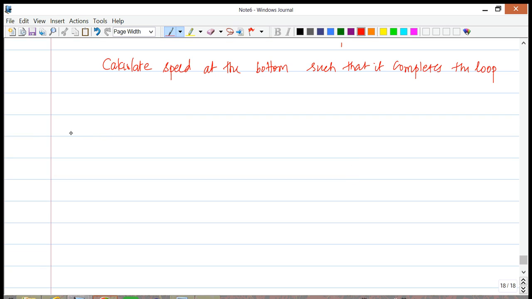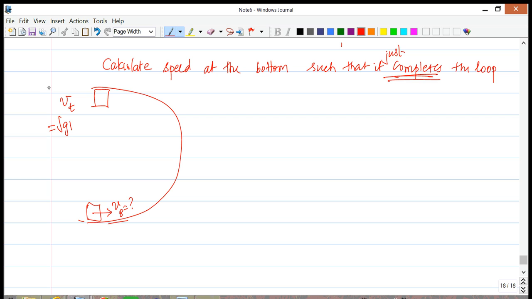We have our loop, and we are going to try to figure out the speed at the bottom. This v bottom is what we do not know, but we know what v top is. We want the minimum speed at the bottom such that it just completes the loop. So v top is equal to the square root of g times r for this case.